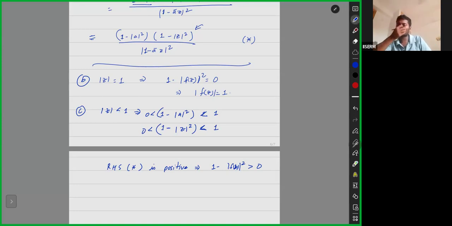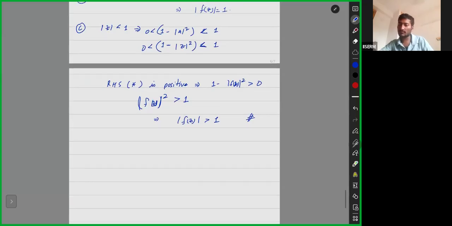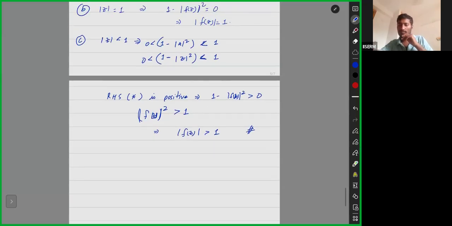So in this scenario, what happens? Mod of f(z) whole square, this is bigger than 1. This will imply mod of f(z) is bigger than 1. What is the mistake?